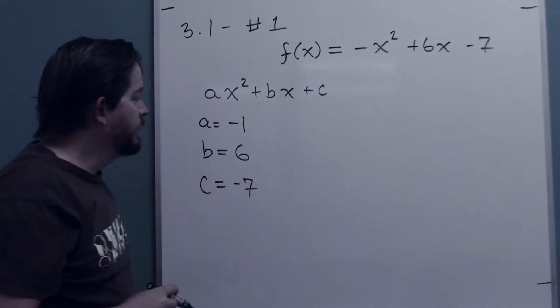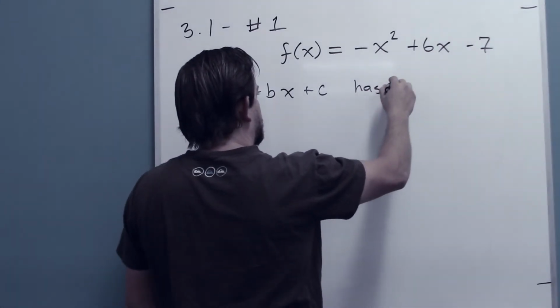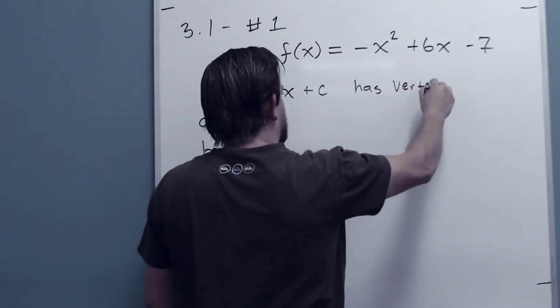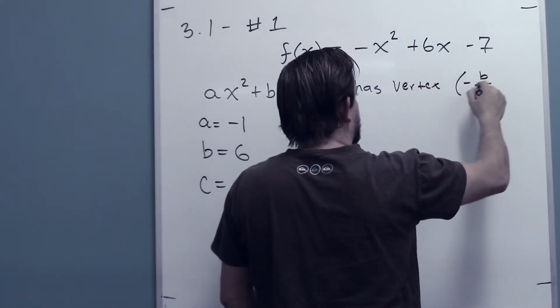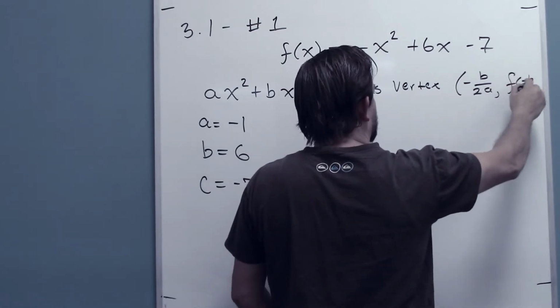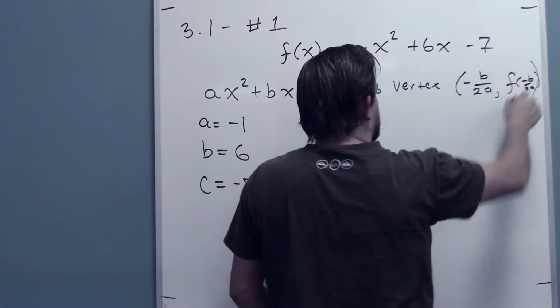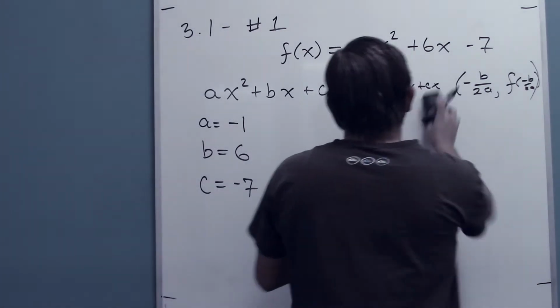Right? And the vertex happens at negative b over 2a, and then the function evaluated at negative b over 2a. I realize that probably looks terrible. Let me rewrite this.